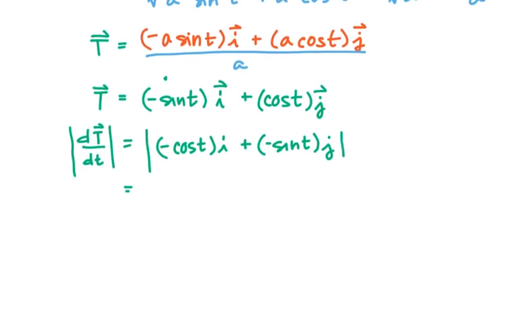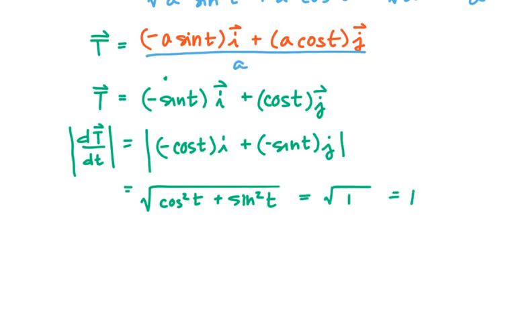And the magnitude of that is cosine squared t plus sine squared t, the sum of the squares of the components, square rooted. So our radicand, what we have under the radical, is 1 by our Pythagorean trig identity. So the magnitude of the derivative of the tangent unit vector with respect to t is 1.